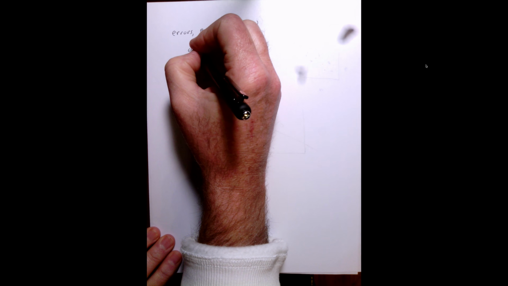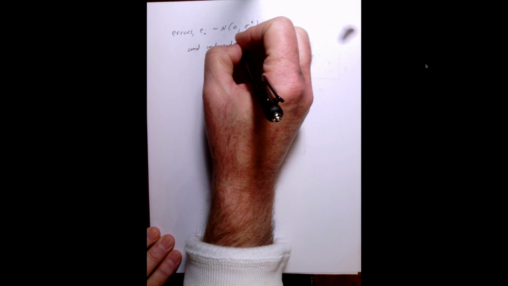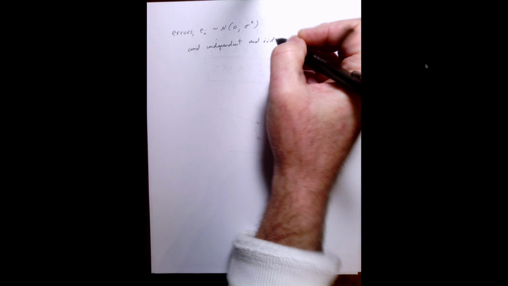So we have constant variance, sigma squared, and the errors are independent and identically distributed.